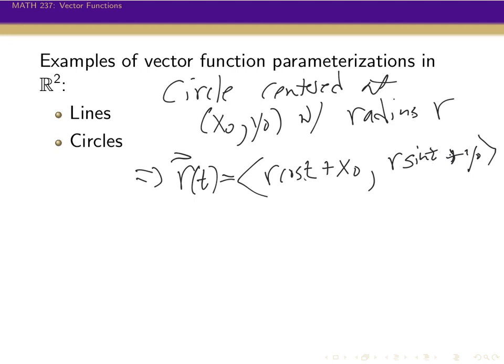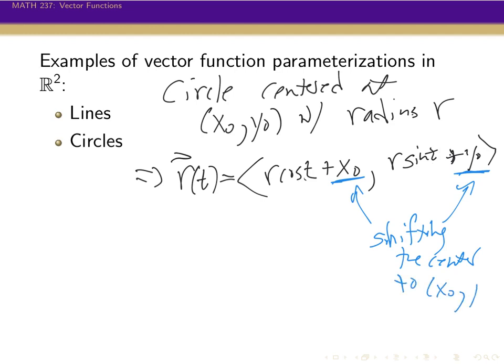And so in breaking this apart, the plus x naught and the plus y naught here, this is shifting the center to x naught, y naught. So literally I'm taking the whole curve, shifting it to x naught, y naught.